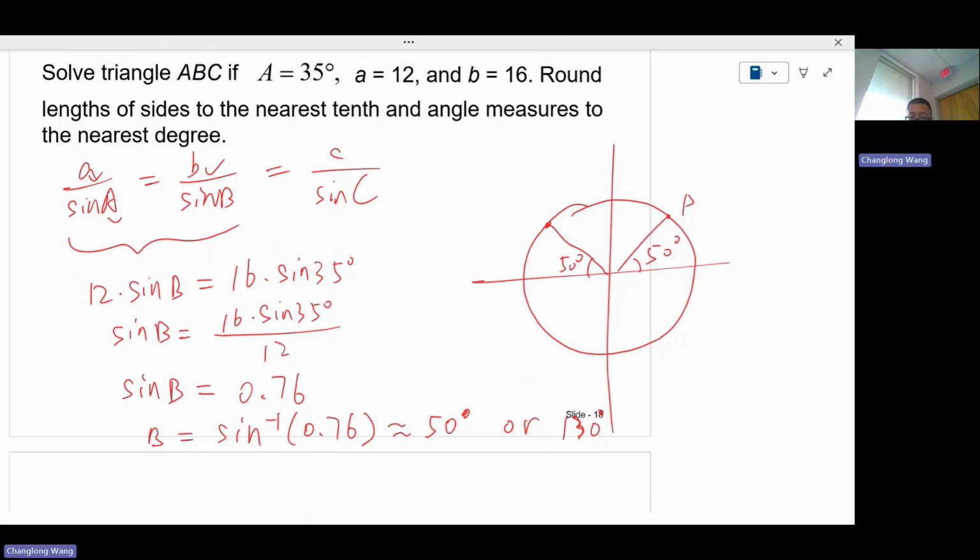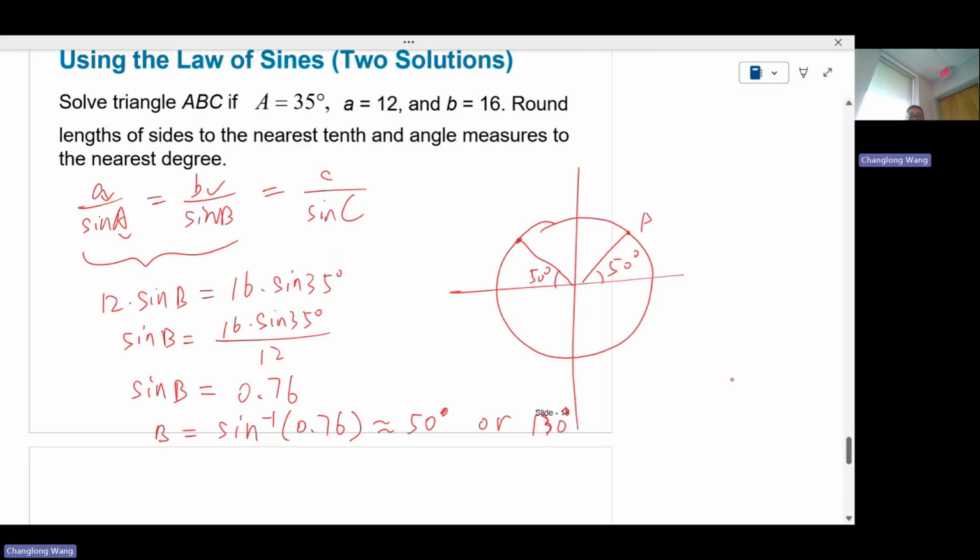Okay, but we're solving for a real triangle. That means, is it possible for the angle B to be that big? Well, you either add it to 35 to see if there will be any room for the remaining angle, or you might say, how much will be the third angle?